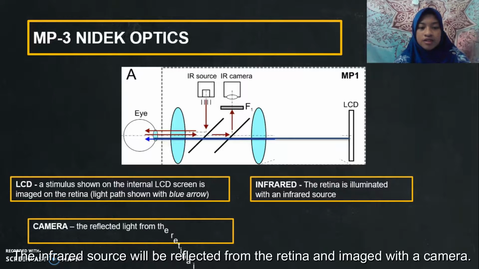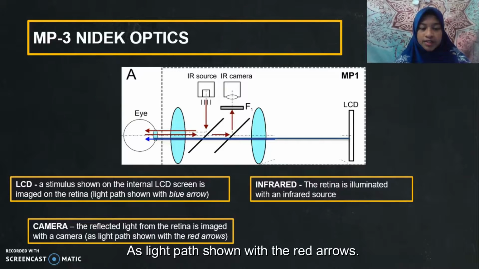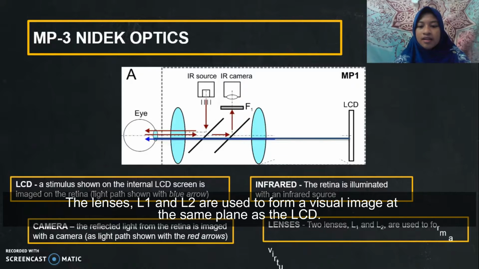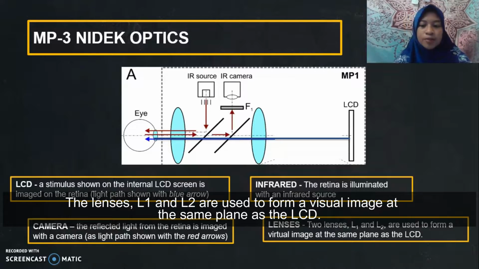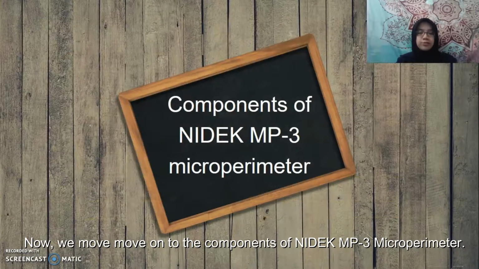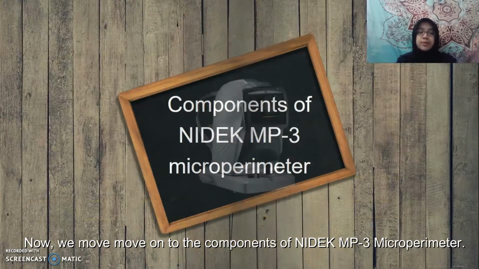The infrared light is reflected from the retina and imaged with a camera as the light path shown with the red arrows. The lenses, L1 and L2, are used to form a visual image at the same plane as the LCD. Now we'll move on to the components of the NIDEK MP-3 microperimeter.